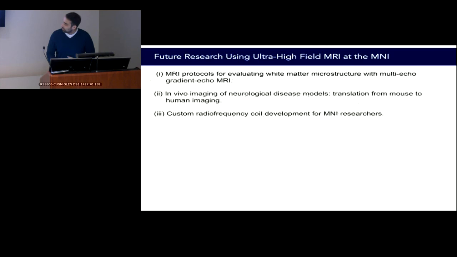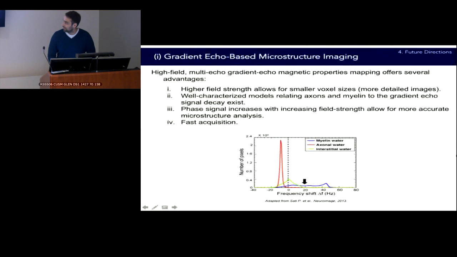What I've got here are a few areas that my lab is trying to work on now. One of them uses a feature of high field MRI that is unique compared to low field to look at myelin microstructure. One of the very established areas of quantitative MRI is myelin water fraction mapping, and Eve has done a lot on this, and others have as well, Bruce Pike, Alex McKay.